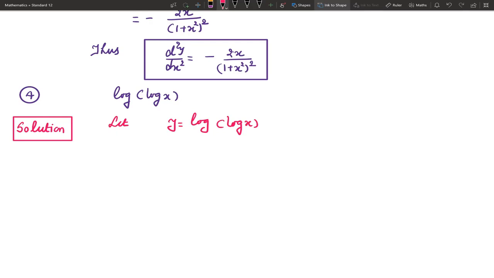So to get the second order derivative, first we will find dy by dx, and again when we differentiate we will get the second order derivative. So y equal to log of log x.